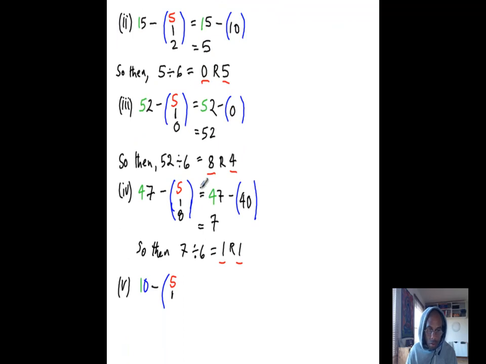So we've got 1 on the bottom here. And close the parenthesis off like that. And we have 10, 1, 0 take away, and in parentheses, we've just got simply 5 times 1, which is 5.